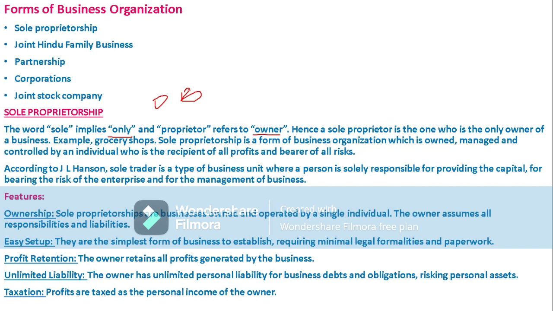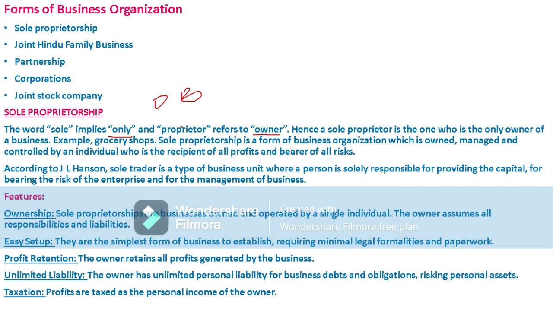Okay, so this means the owner has full control over decision making, receives all profits and bears all the business liabilities. And here we can say that it's very easy to set up. It involves minimum paperwork and is suitable for small owner-driven enterprises. As I said before, like freelancers, small shops, retail shops, consulting services.